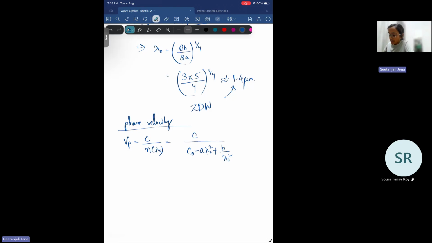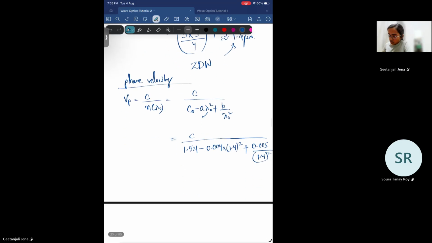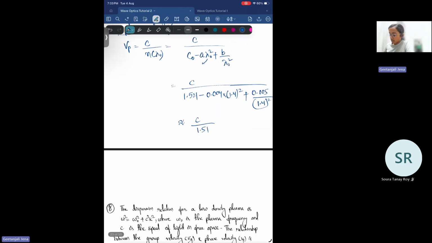C0, A and B are already given. Lambda 0 we have already calculated. And C is the speed of light. So this is C over 1.521 minus 0.004 multiplied by 1.4 square plus 0.005 over 1.4 square. So you will get a value around C by 1.5 for the phase velocity.